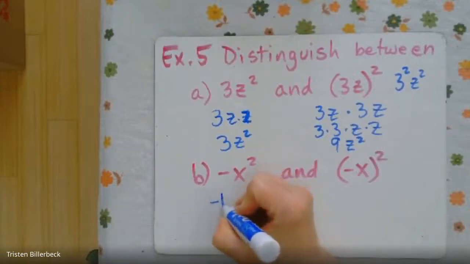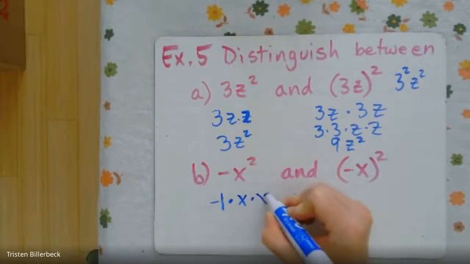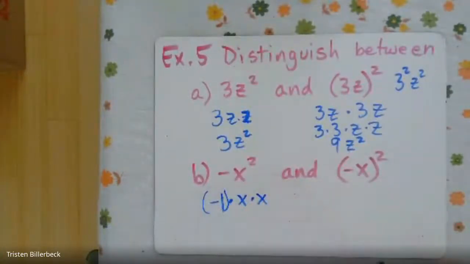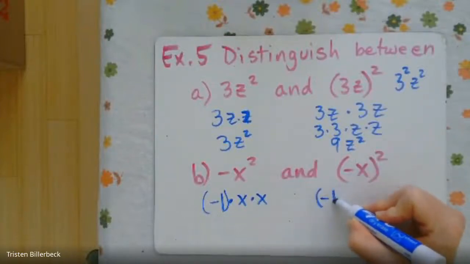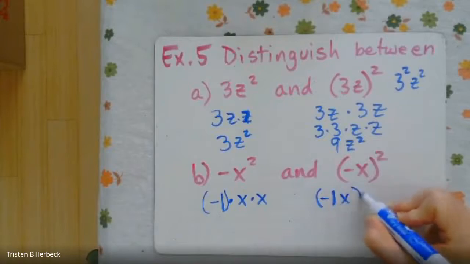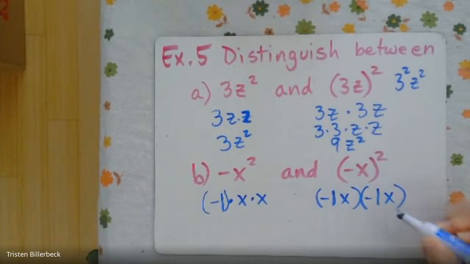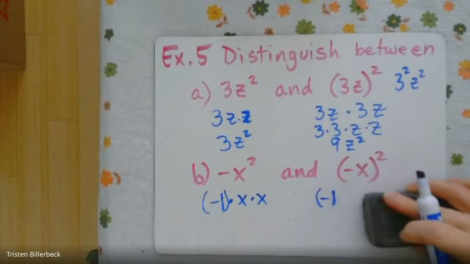So this is -1 times x times x. We'll put a little parentheses around that. This one is -1x times -1x. Okay, so let me write that one more way.